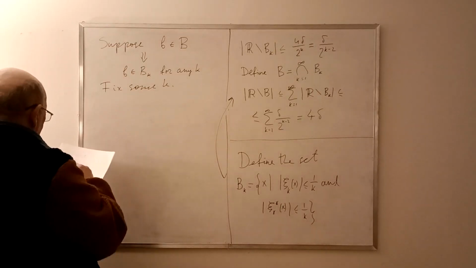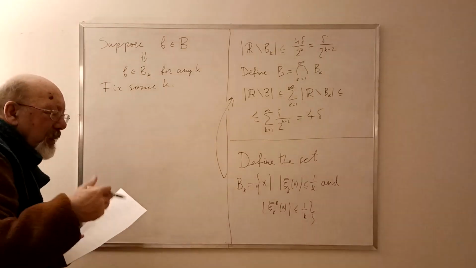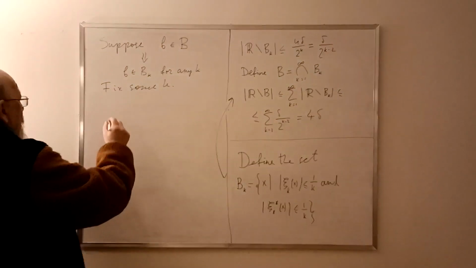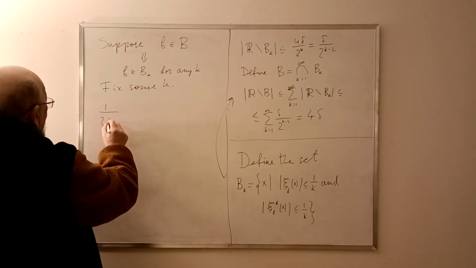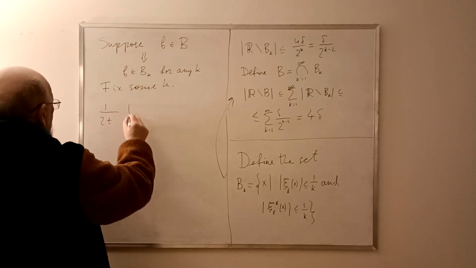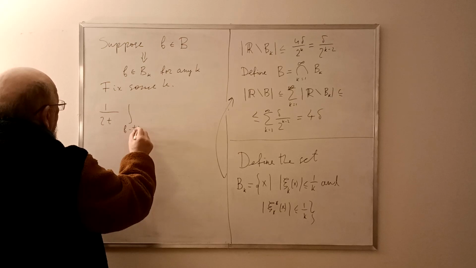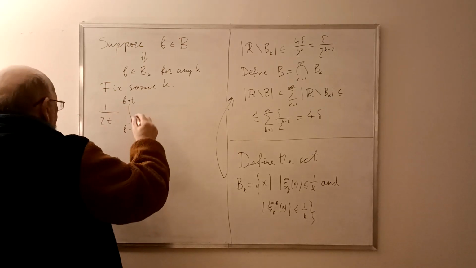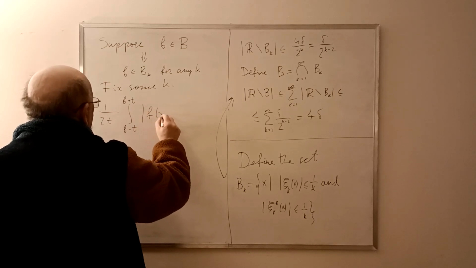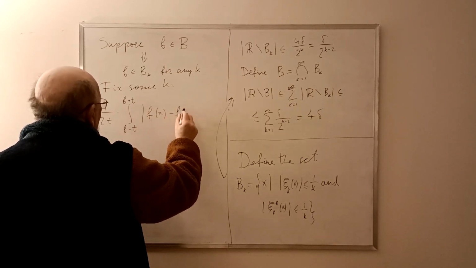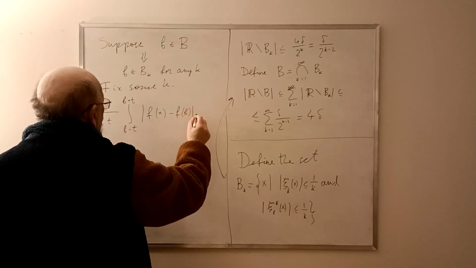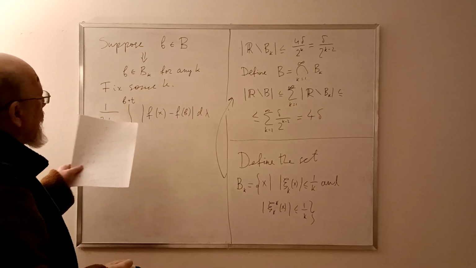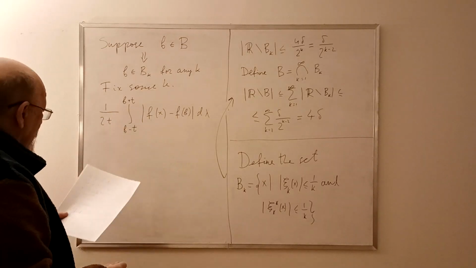And consider this difference which we wanted to prove that it goes to 0. So 1 over 2t integral from b minus t to b plus t module fx minus f of b d lambda. So it means deviation fx minus fb.